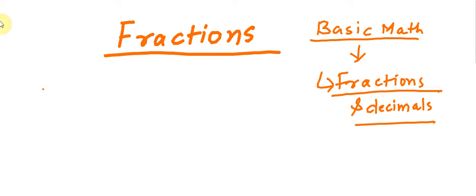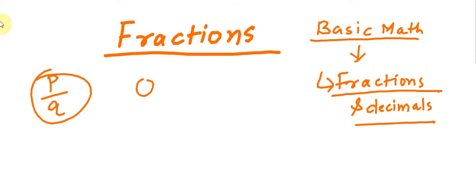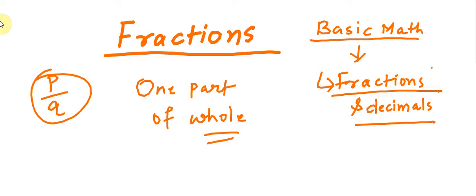When we talk about fractions, it always means a number written in this form, P by Q. Why do we say this? Because a fraction represents one part of a whole.